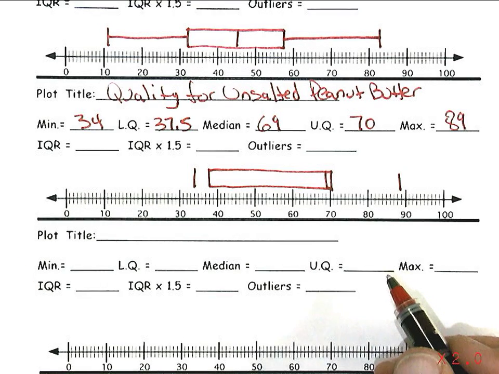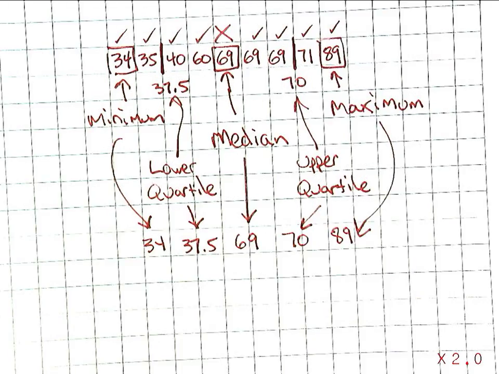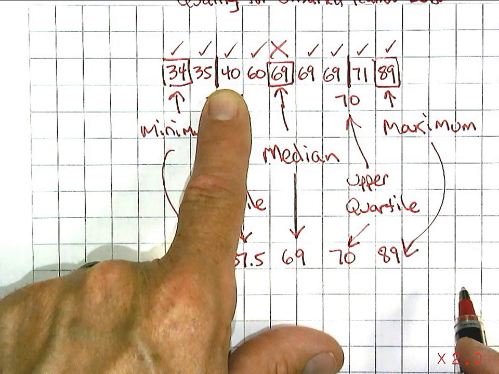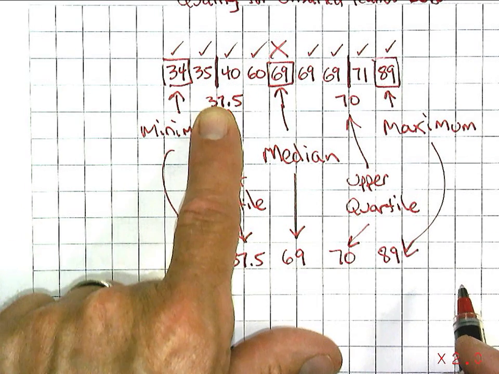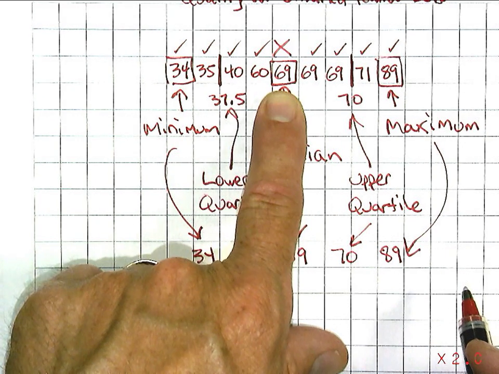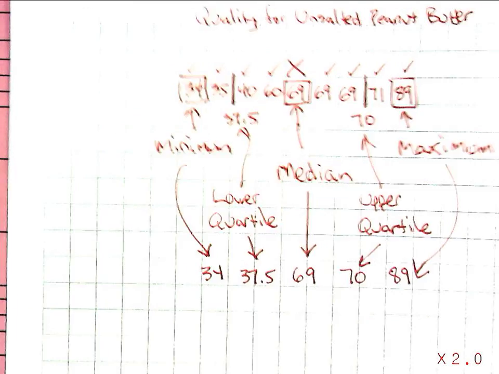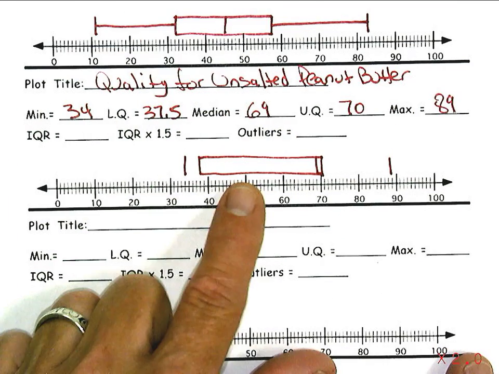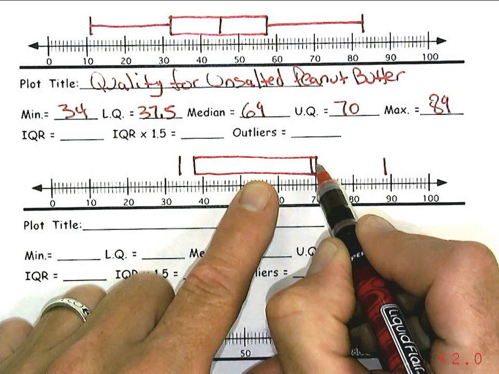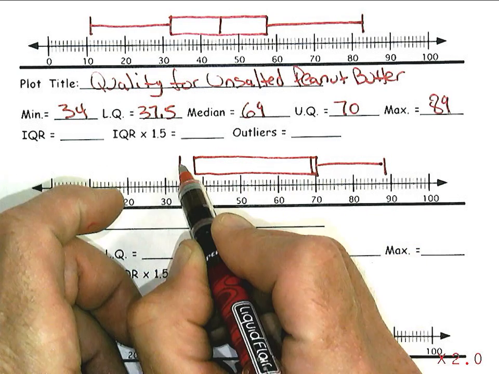And if you remember the list of these, you can see that there's a big jump. There's a gap. So it goes 35, 40, the lower quartile is right in between there. Then you have this gap from 40 to 60, and then the median at 69. So there's a big space there, and you can see that big space in the box. And then I connect here and here.